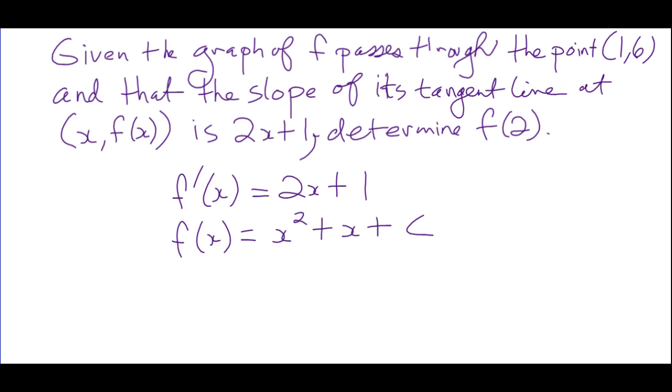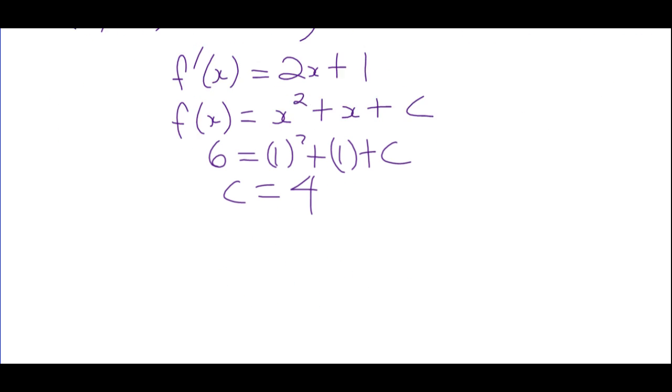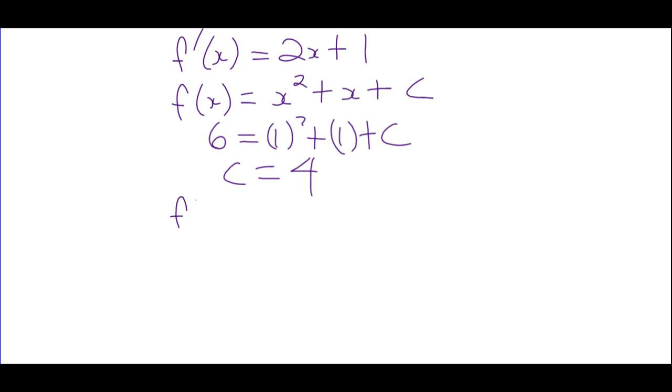That y is equal to 6 when x is equal to 1. So 6 is equal to 1 squared plus 1 plus c. So c is equal to 4. So f of x is x squared plus x plus 4.